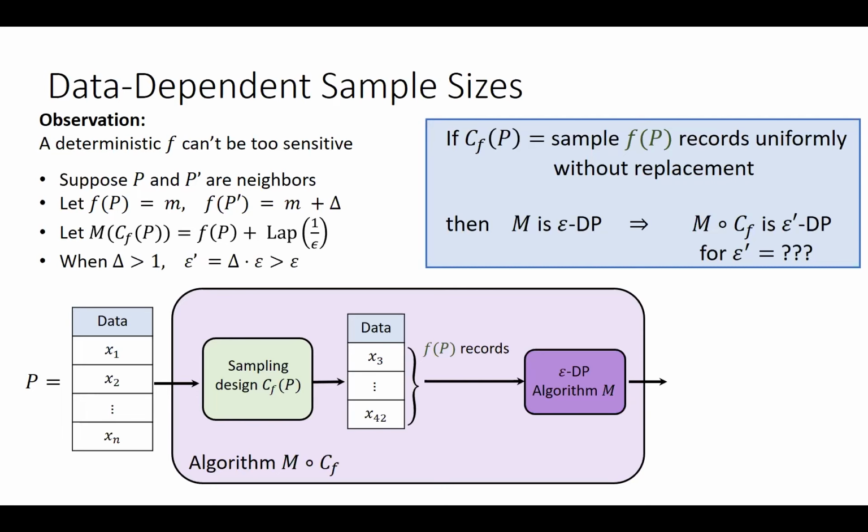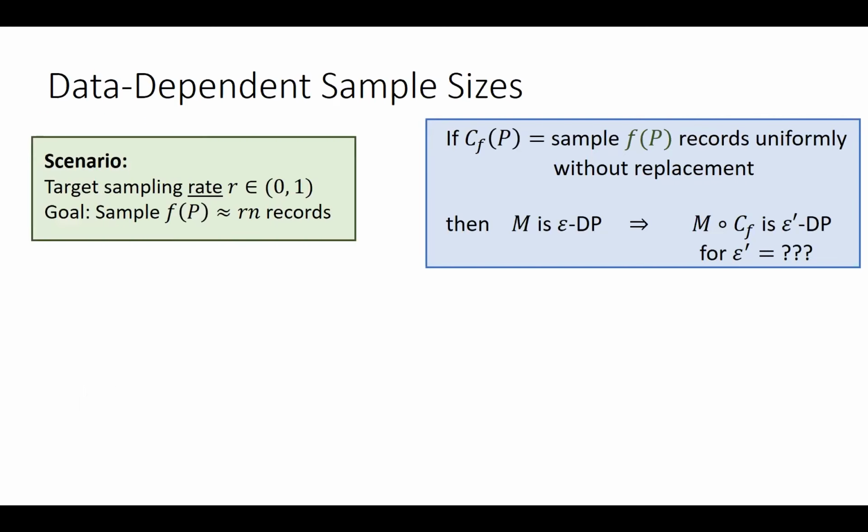So if delta is bigger than 1, it actually gets worse by a factor of delta. Again, thinking of this worst case choice of M. That's intuitive, but kind of bad news.